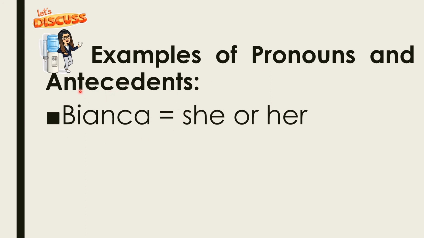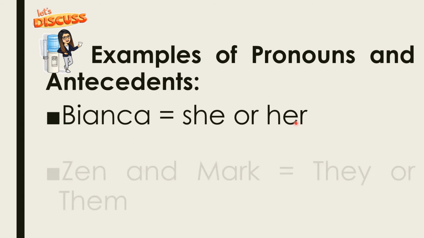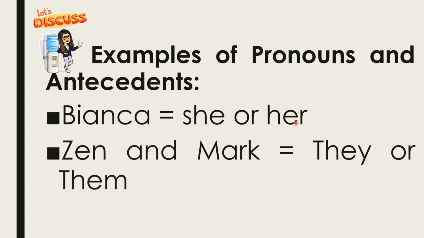First, we have Bianca. Bianca is the antecedent. Since Bianca is a female, we will use the pronoun she or her. Next, we have Zen and Mark. Zen and Mark are the antecedents.